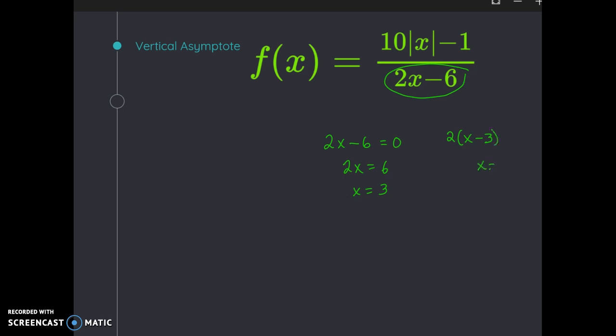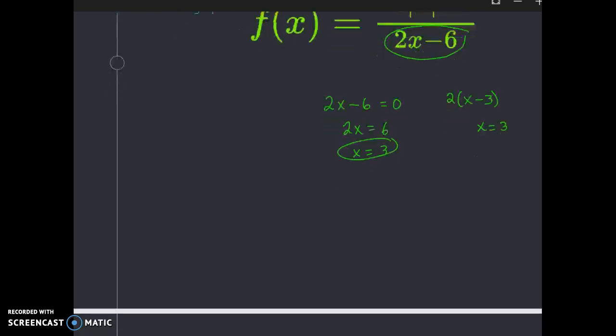So x equals 3 is going to be your vertical asymptote. I can tell just by a little bit of examination that x minus 3 wouldn't cancel in the numerator. Also, if you plug in 3, you would get 29 divided by 0, and that's not a factorable 0 that you can get rid of. So you have a vertical asymptote at x equals 3 for this function.